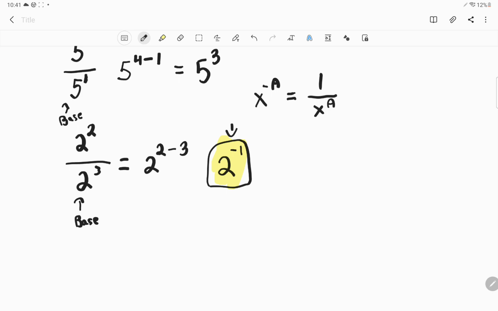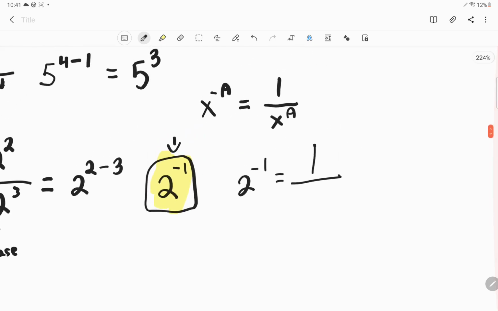We're going to do exactly the same thing. In this case, we're going to write 2 to the minus 1, right? We're going to put equals. I'm going to put a 1 over, and I'm going to write this right here, but with a positive exponent on the bottom.